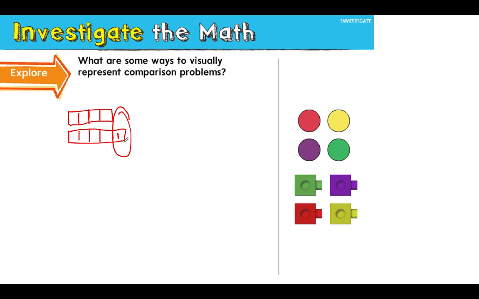Like this bar is 1 more, right? That's what you did in second grade or third grade. You would talk about more and less. But now we're going to talk about not just additive comparison, where there's more or less, but we're going to talk about multiplicative comparison.